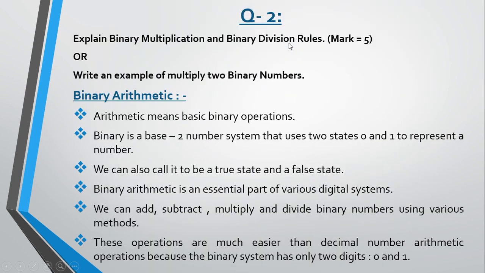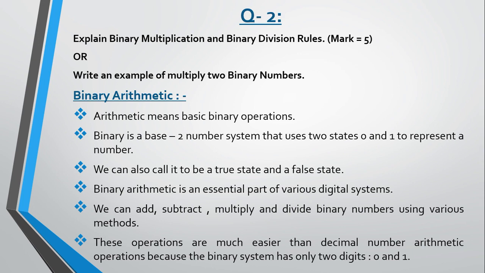Now the second topic is binary arithmetic. You can compare binary arithmetic with normal arithmetic, but over here binary is used. Binary is nothing but either 0 or 1, true or false. It is like the normal number system, which performs different types of operations like addition, subtraction, multiplication or division.